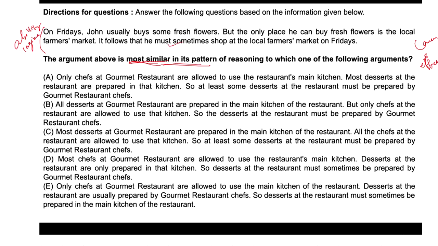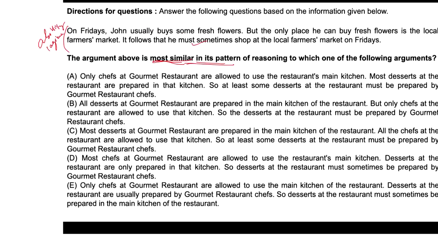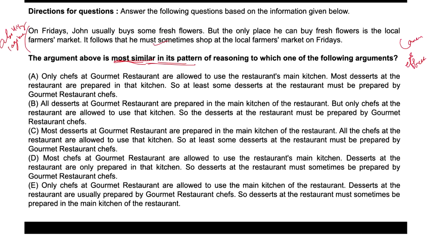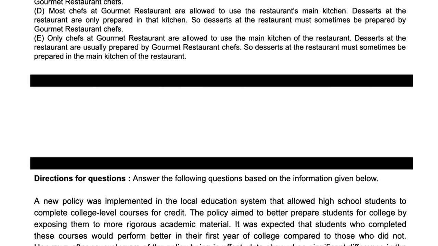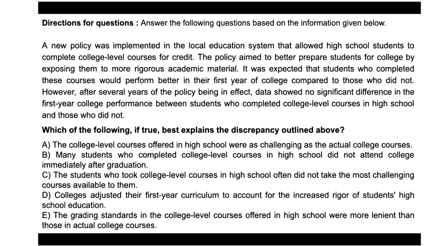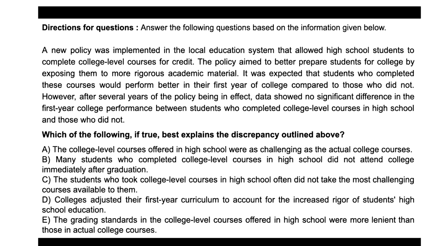Besides that, we also talk about explaining discrepancy, right? So which of the following, if true, best explains the discrepancy outlined above, right? So finding an explanation for an unexpected result based on the given information.